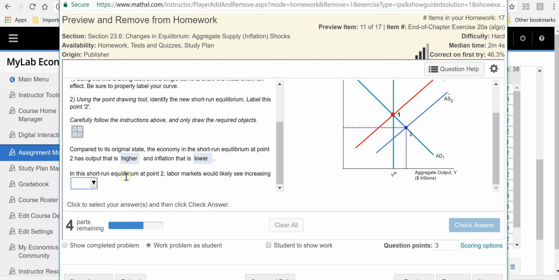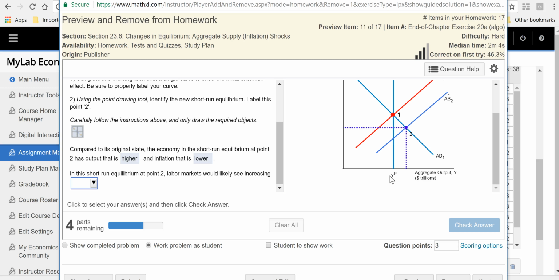So in this short-run equilibrium at point 2, labor markets would likely say increasing. So you have two choices here, slack and or tightness. So since output is above YP, that's the original level, the new output is above the potential level. So the economy is kind of booming. And when the economy is booming, everybody is working, maybe not only working, but working overtime.